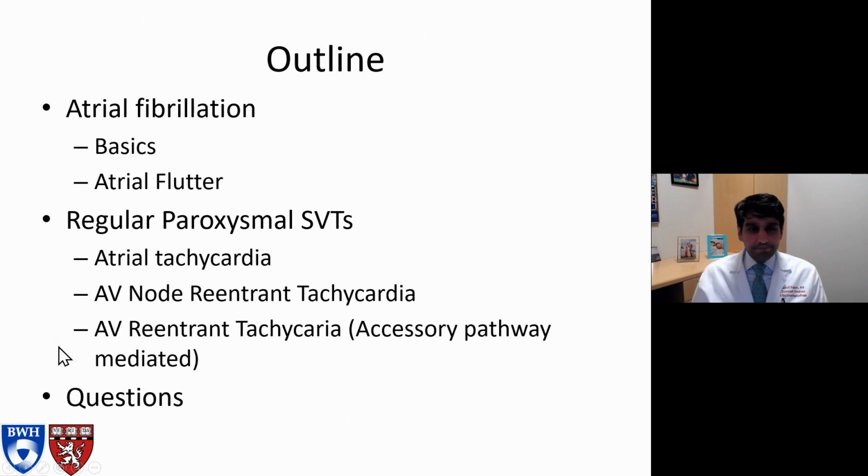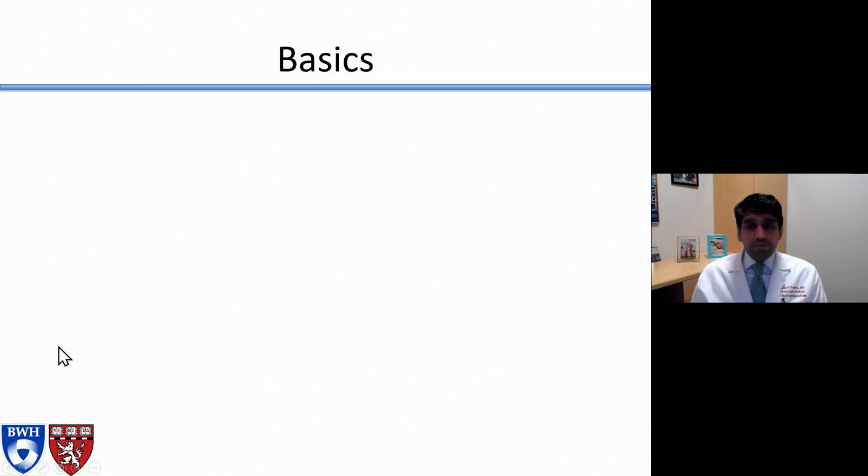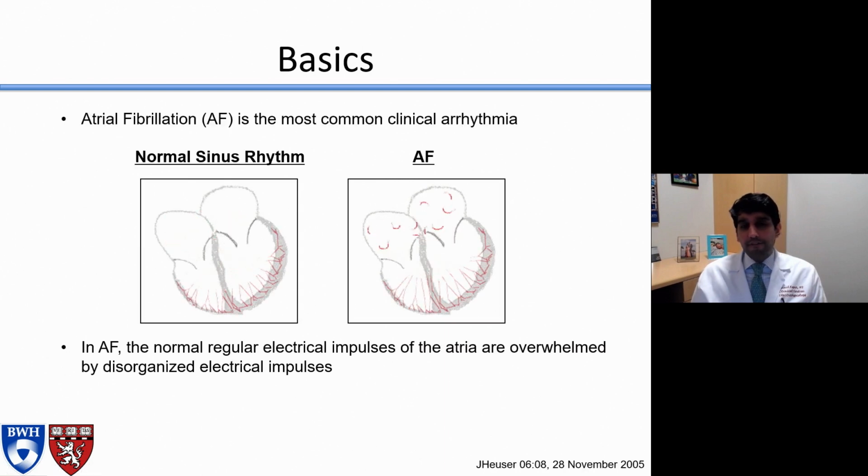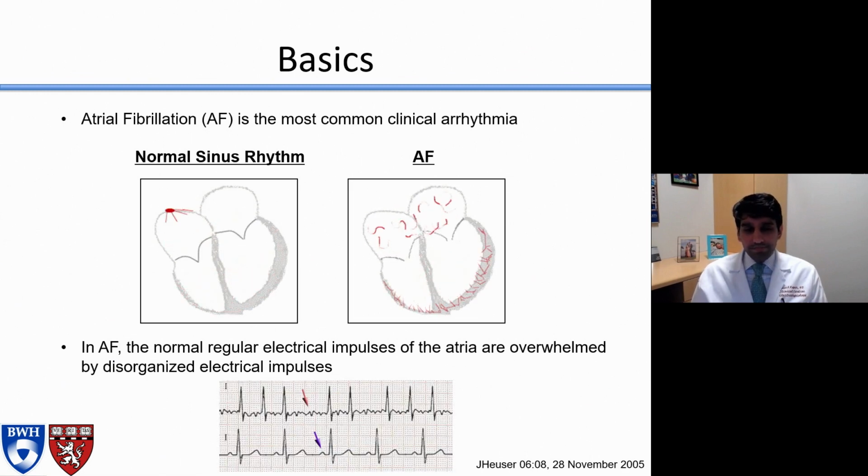see. So to start with atrial fibrillation basics, as we all know, atrial fibrillation is by far the most common clinical arrhythmia that we have to deal with. What happens in atrial fibrillation is that the normal electrical impulses of the atria are overwhelmed by disorganized electrical impulses.